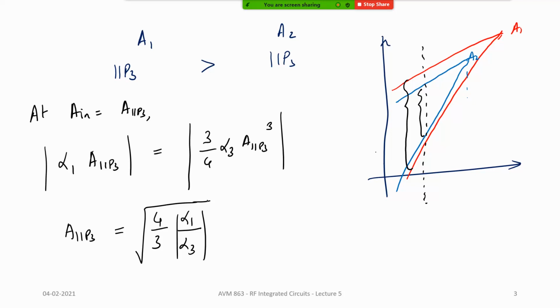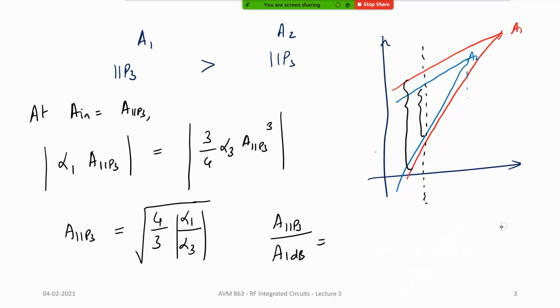Now if you recall, even for the 1 dB compression point, we had a similar equation. Only the coefficients were different. So you can go back, look at that equation, and you can say A_IIP3 divided by A_1dB will be given by, in fact, the coefficient for that is 0.145 or something like that.